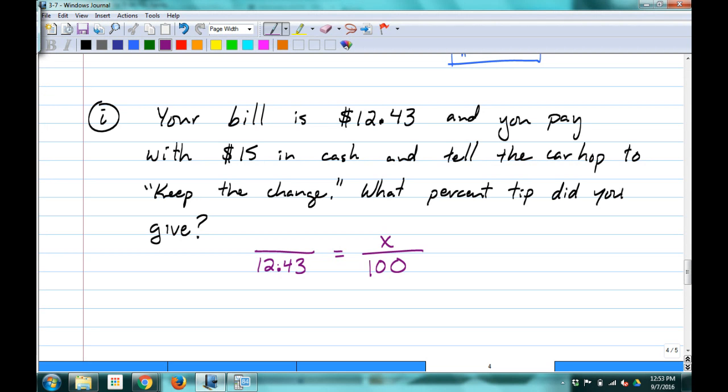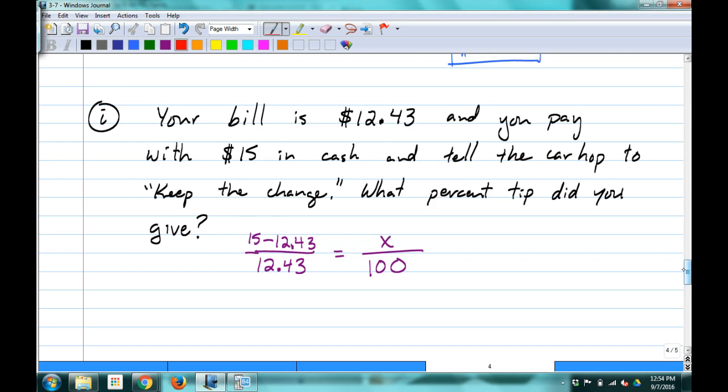How much did they charge us? $12.43. We paid them 15 and told them keep the change. So what should be the is on top? It'd be 15 minus 12.43. That's how much of a tip we left.